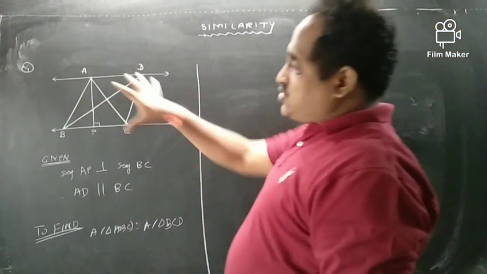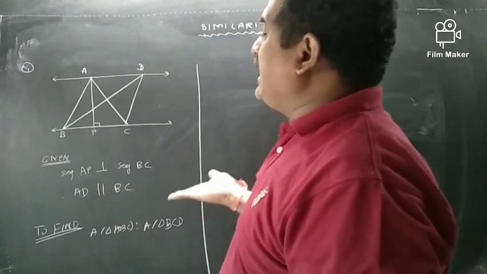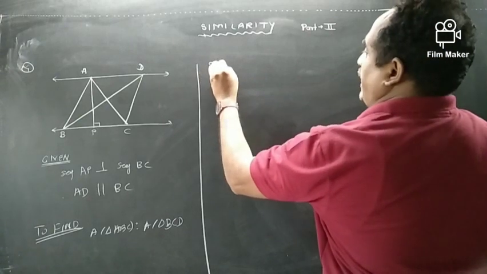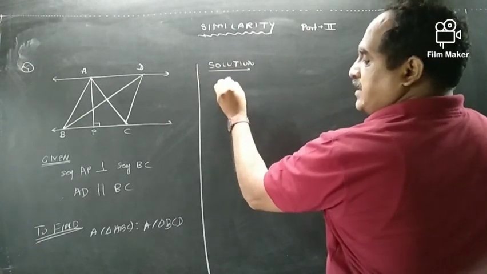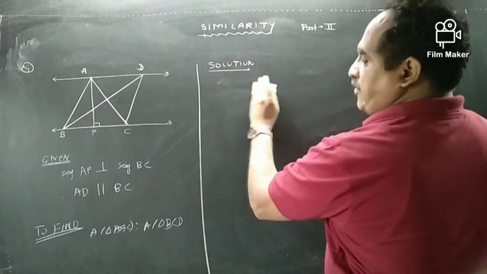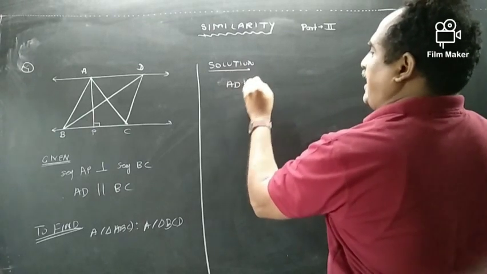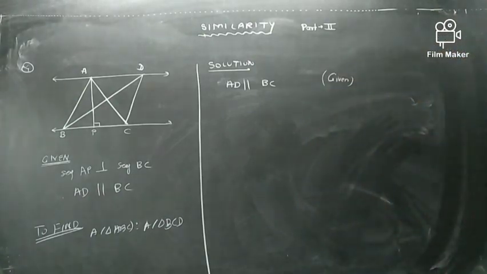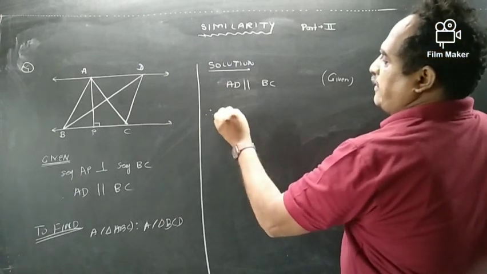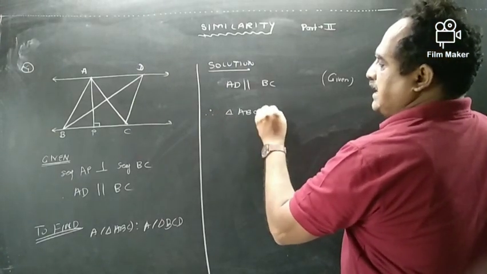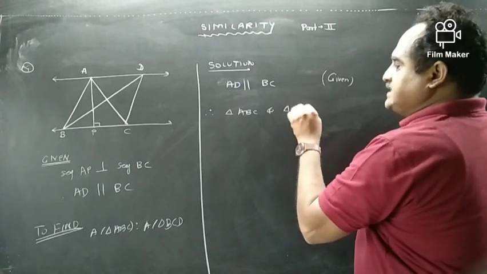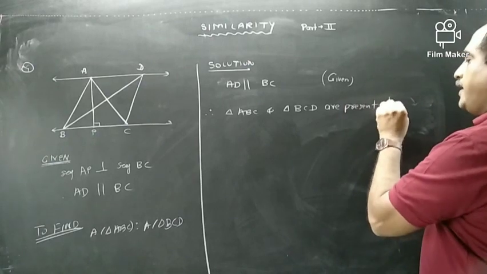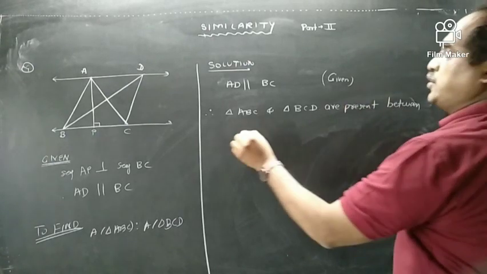Now see, as I told you, these two sides are parallel, which means for these two triangles the heights are equal. So what are you going to write? Solution. AD is parallel to BC, this part is given. When it is given, I can say that therefore triangle ABC and triangle BCD are present between two parallel lines.